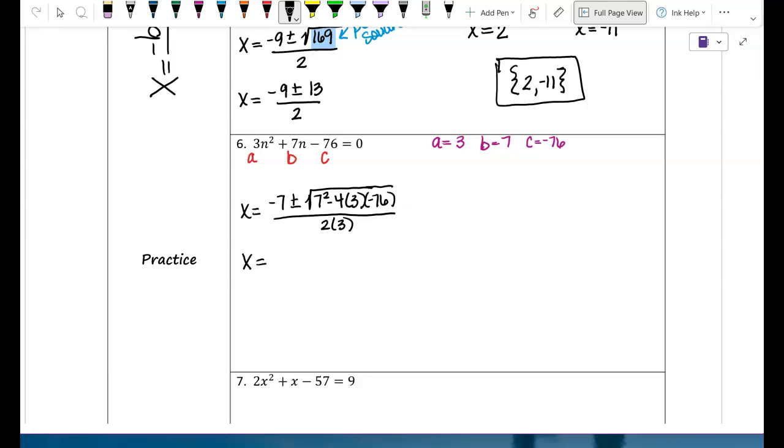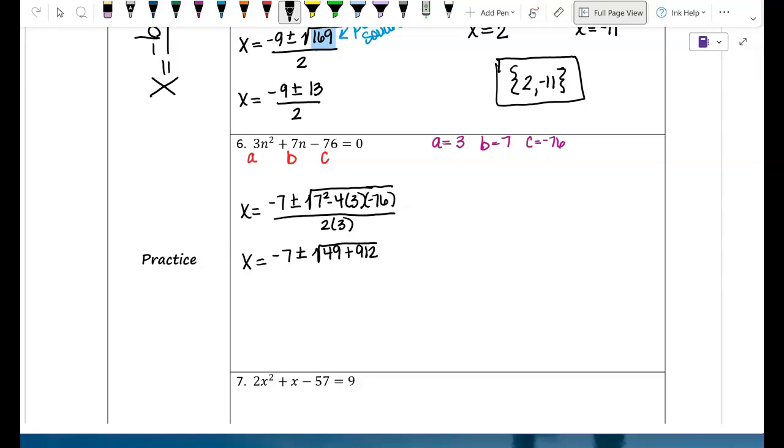So x equals negative 7 plus or minus the square root. 7 squared is 49. What is negative 4 times 3 times negative 76? I just want those numbers before you add the 49.